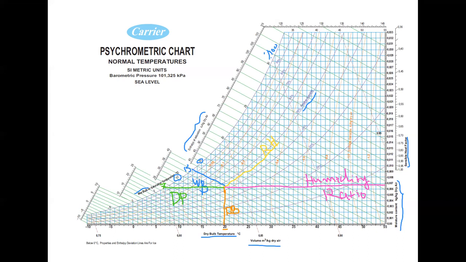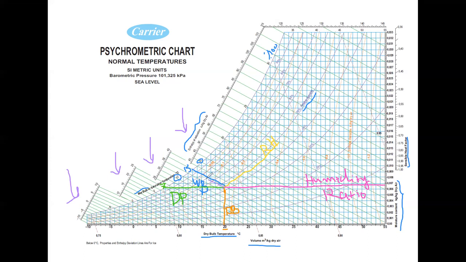Now let's go and find the enthalpy. What we have here is called a specific enthalpy scale. To show that, we have already shown it here, here, here, and here. These are all the scales that you are having. So all you need to do is just continue it to the enthalpy.